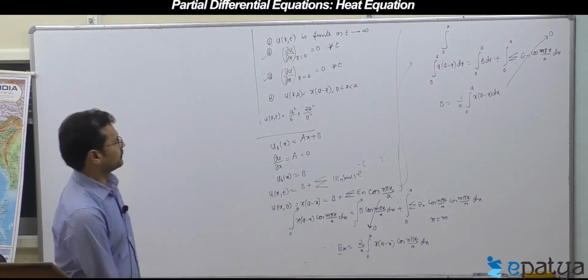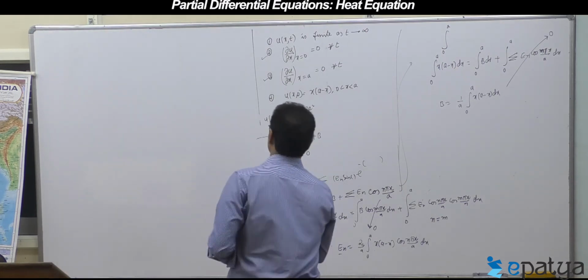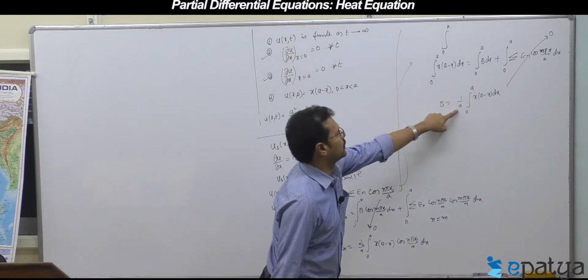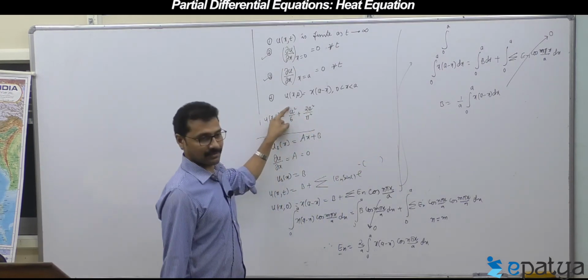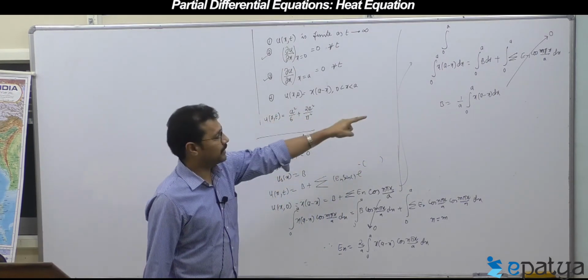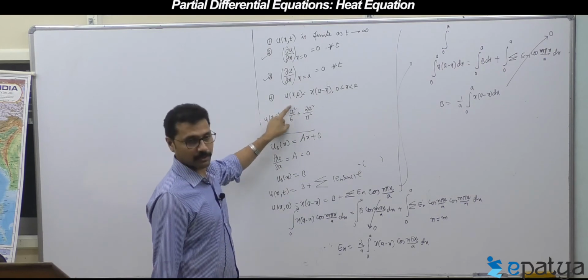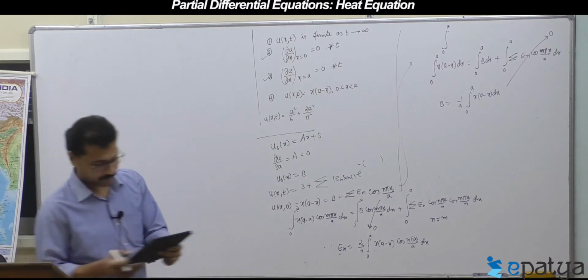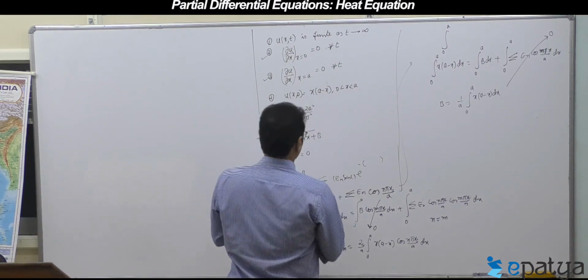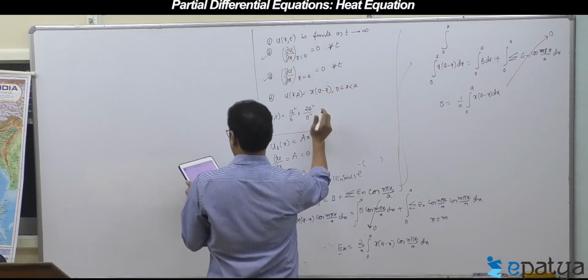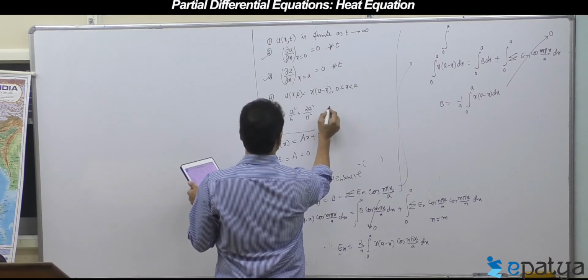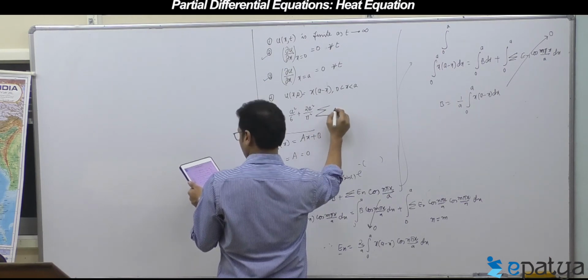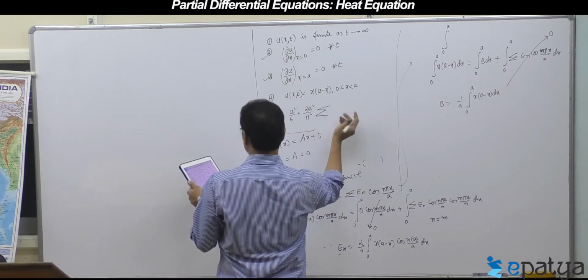Okay, fine. So the final answer is, when I compute this one, I get a squared by 6. That b comes out to be a squared by 6 plus the rest of that. The rest of that is 2a squared by pi square sigma, pi square, n square also comes inside.